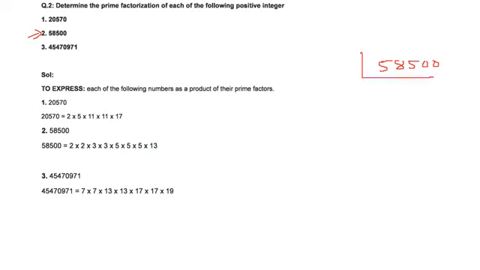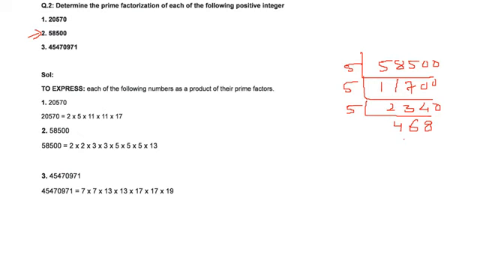Let us start with 5. 5 1s are 5. Now 5 7s are 35. Let us take 5 again. 5 2s are 10, 5 3s are 15, 5 4s are 20. Again let us take 5. 5 4s are 20, 5 6s are 30, 5 8s are 40.